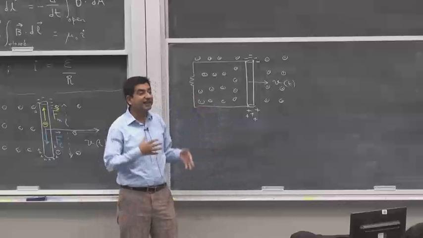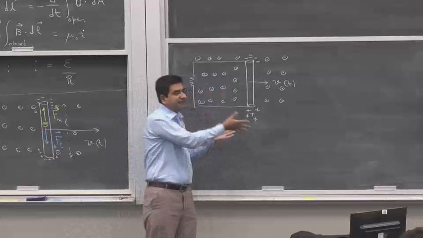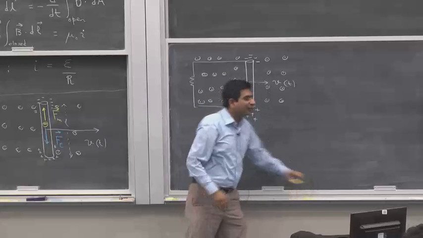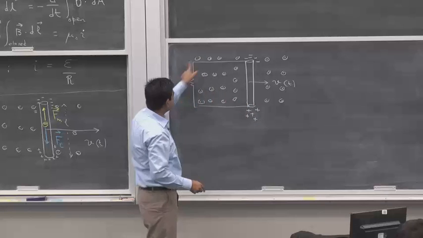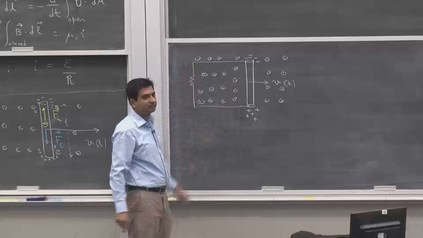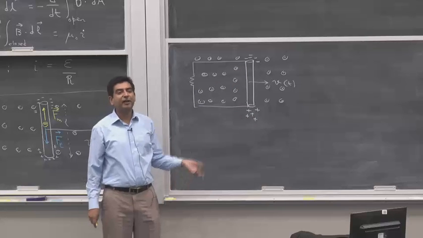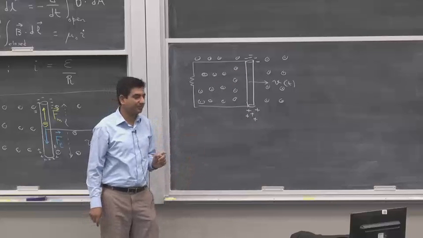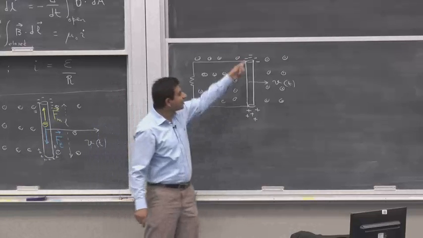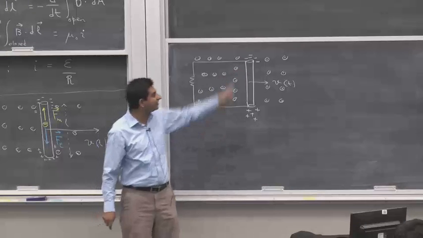Now let's look at the electric fields that are set up inside the circuit. What's the direction of the electric field inside the circuit, inside the wires? If this were a battery, there is a Coulombic field that is set up now, because charges exist on the ends of this wire.